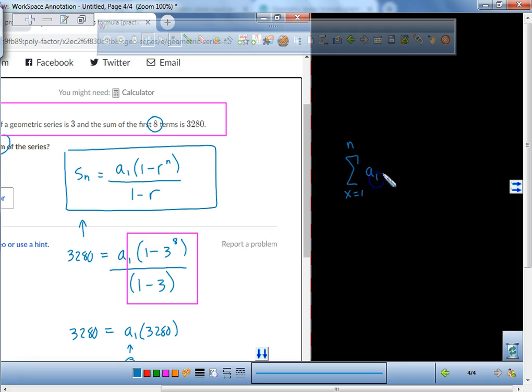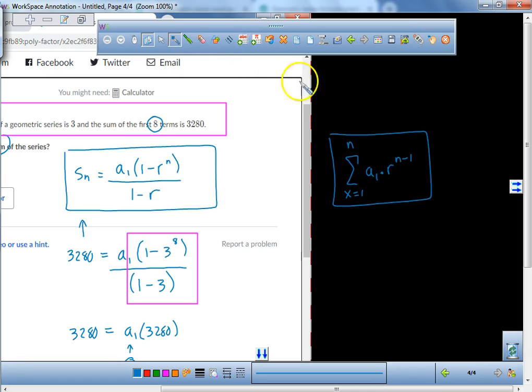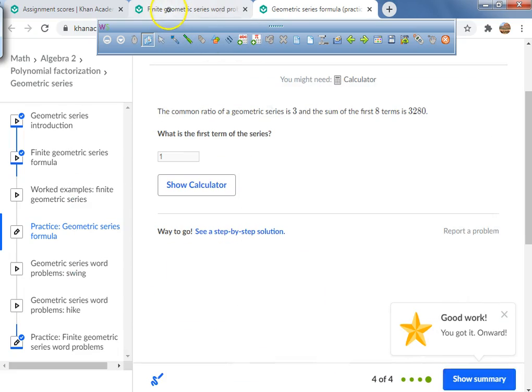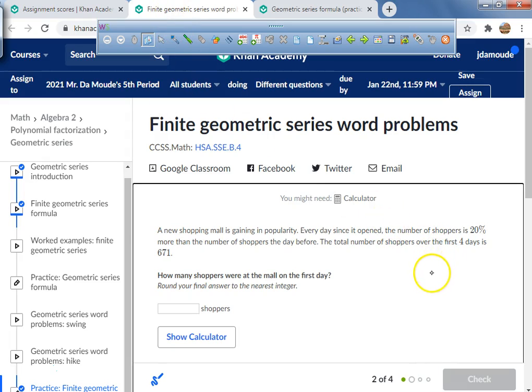This is your first term times the common ratio to the n minus 1. Well, I guess it would be x minus 1, but I'll just erase it and put it in there. So you want this one and you want this one. These are the same thing. R is the common ratio.